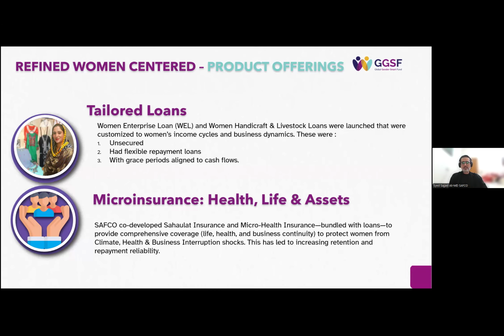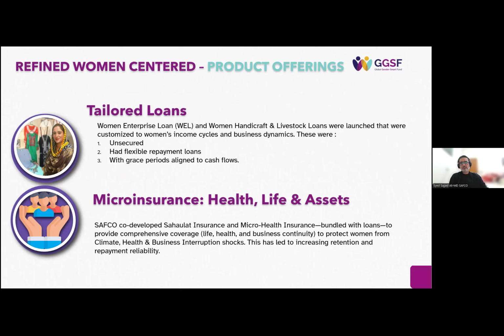We also work on combo solutions, particularly on the women's micro insurance side. Before, we just had life insurance covering our loan portfolio, but we thought we should have a solution in terms of reimbursement of losses from the insurance, based on the losses of the communities or the borrowers, particularly women.